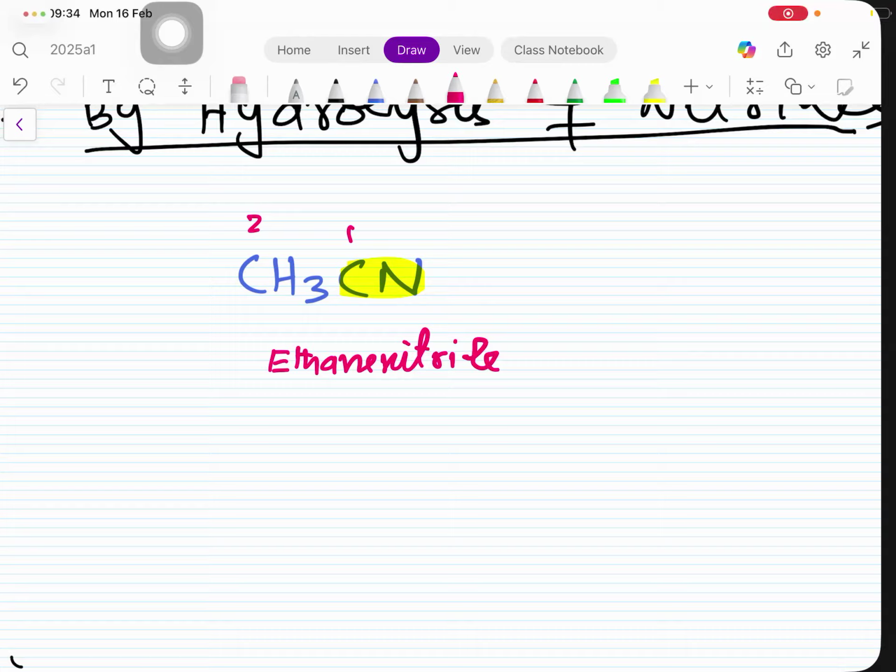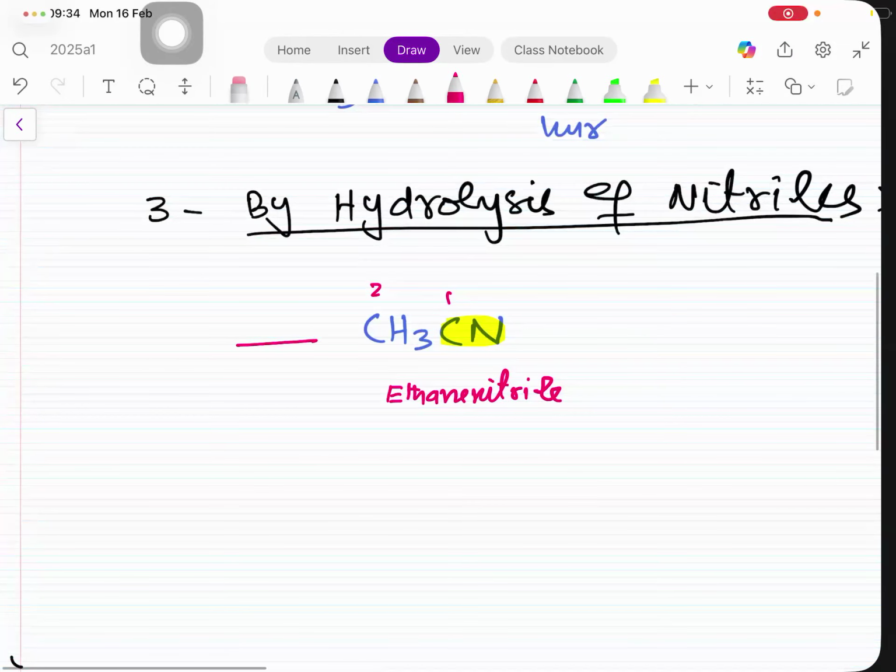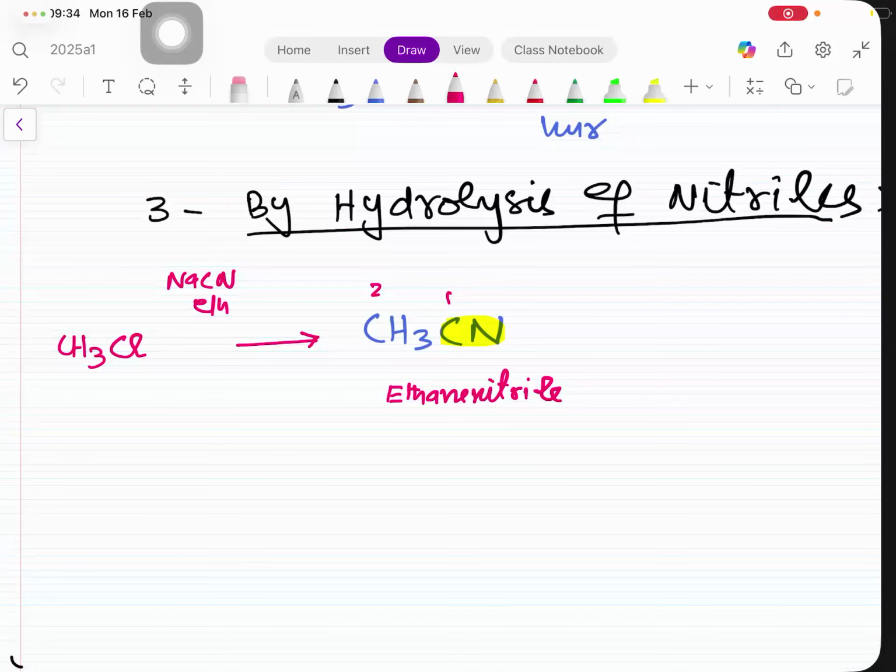What is this? Ethane nitrile. Okay. Now, if you remember, if I just tell you for the sake of your memory, that ethane nitrile was prepared by chloroethane with NaCN ethanolic. I just repeated it. And heat under reflux. What type of reaction? Nucleophilic substitution. But that's another case.